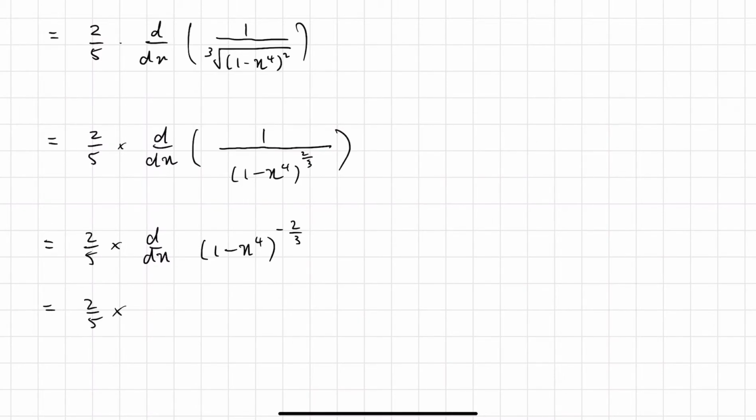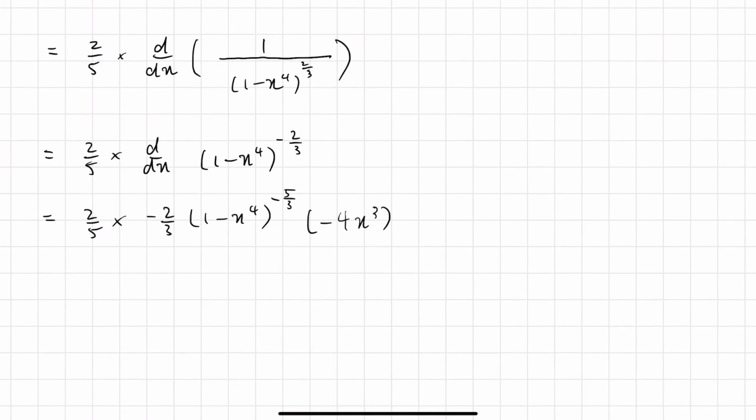So we can bring down the minus 2 on 3, subtract 1 off that power, so we should get minus 5 on 3. And our chain rule is the derivative of the inside, which is just negative 4x cubed. Let's just clean this up.